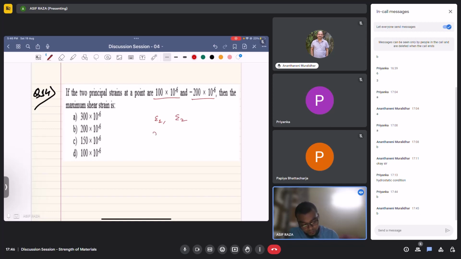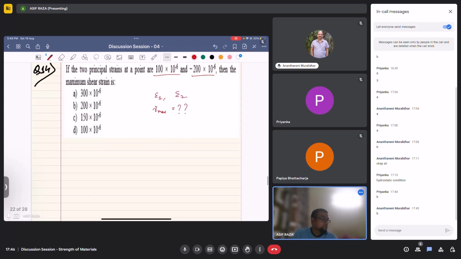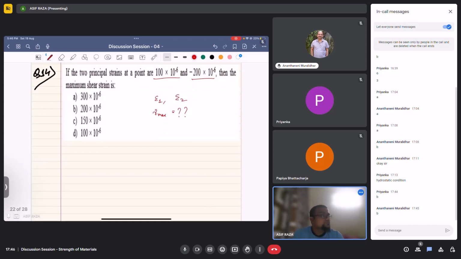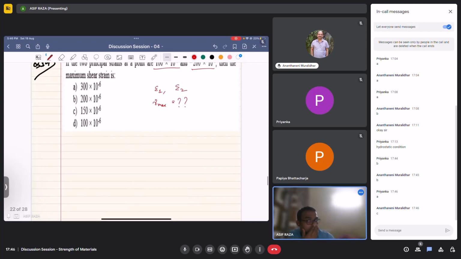We need to find gamma max. Guesses? Okay, no need to guess, directly answer. Okay, I thought you guys would make a mistake with this. So Priyanka said option A, Amulidhar said option C.